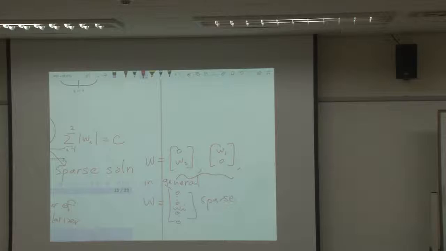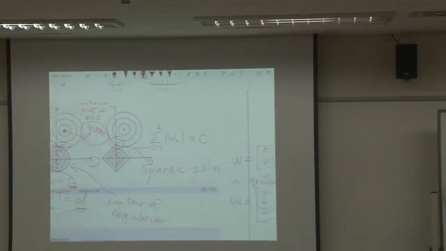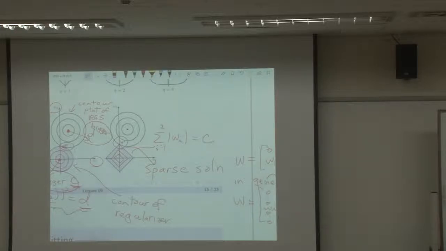This is what we call sparse. Only one of them will be set to 1. Or it's possible that you get 2. But in general, you get a sparse solution.